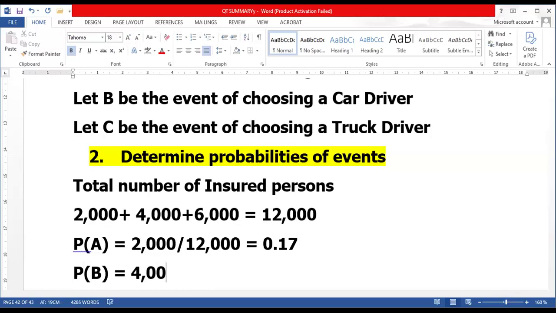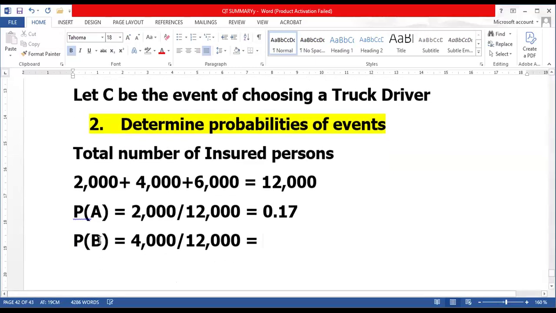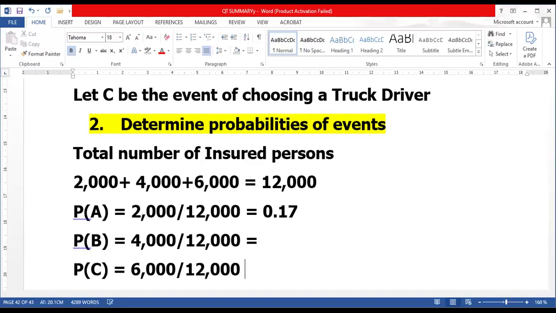What about probability of B? You will hear someone saying that 0.33. Yeah, you get 0.33.